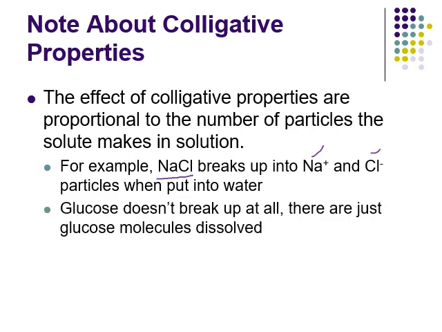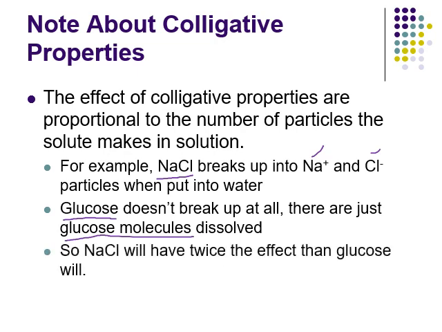Now, glucose is a molecular compound, so it doesn't break apart at all. For every 1 mole of glucose, I get 1 mole of glucose molecules. So if I have one solution that's 1 molar sodium chloride and another that's 1 molar glucose, the sodium chloride one would have greater colligative property effects. It would have twice as much because it has 2 moles of particles instead of 1. And that's the idea here.